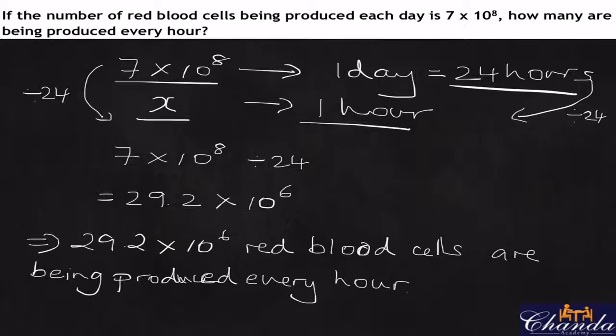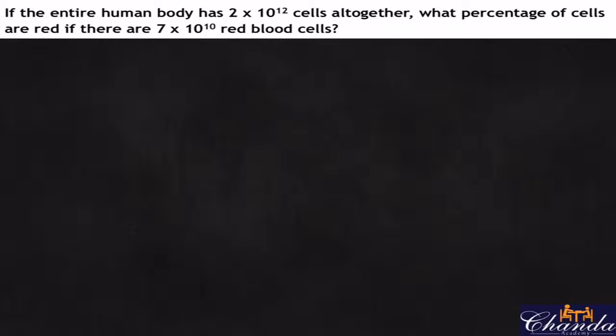Okay, moving to the next question. So this question says, if the entire human body has 2 times 10 to the power of 12 cells altogether, what percentage of cells are red if there are 7 times 10 to the power of 10 red blood cells? Okay, so let's write this out again. So we have 2 times 10 to the power of 12, that's all together, so total.